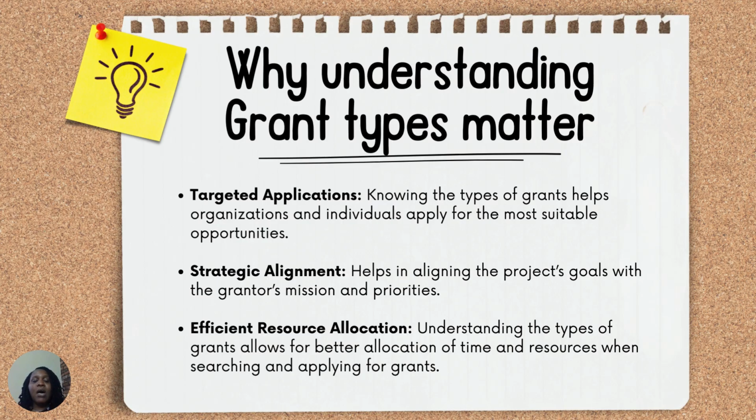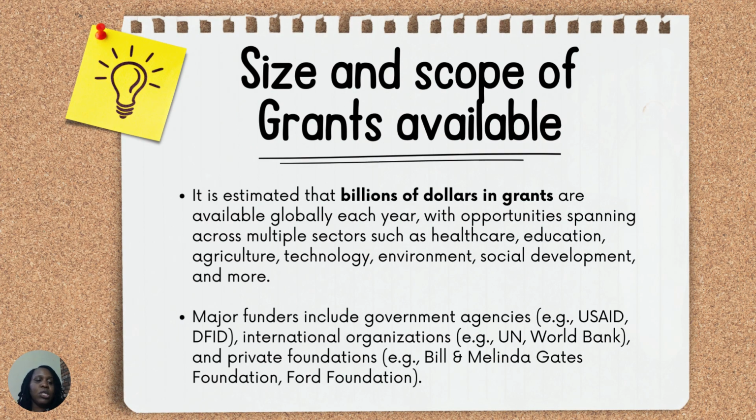So you need to understand the various types of grants so that you know the one to go for and the one not to go for. It also helps you in understanding various options and how you allocate even the resources, your time, because you don't waste your time with certain kinds of grants when you're applying, so that you go straight to the point and see what you need to see.